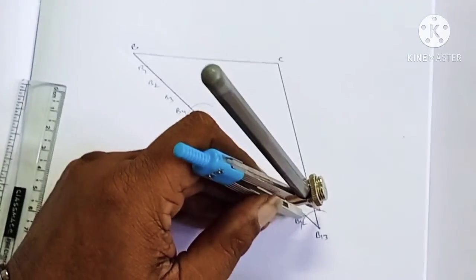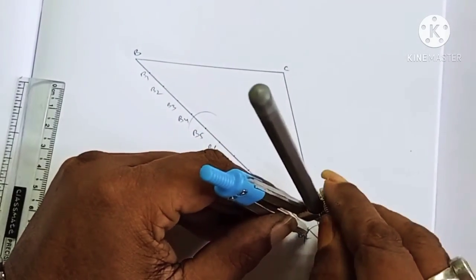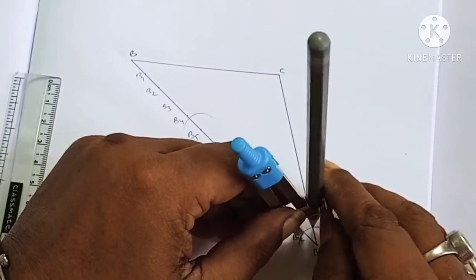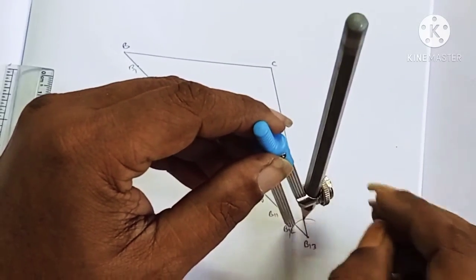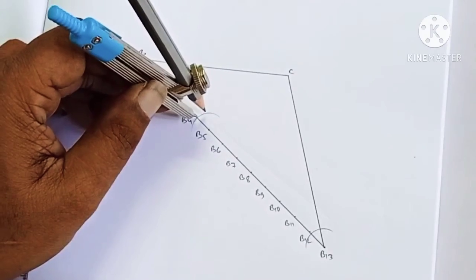Now I am going to take the measure of this angle with the help of a compass. So see this angle. Now I am going to mark the angle here.